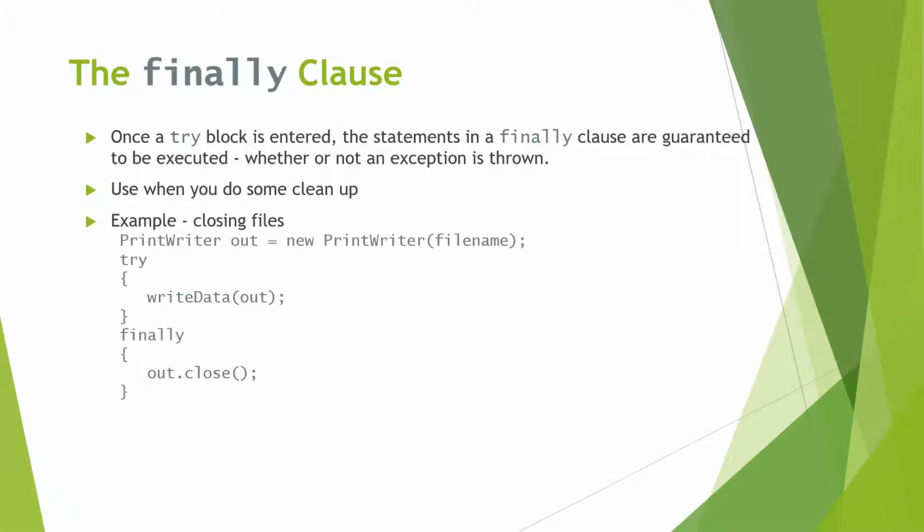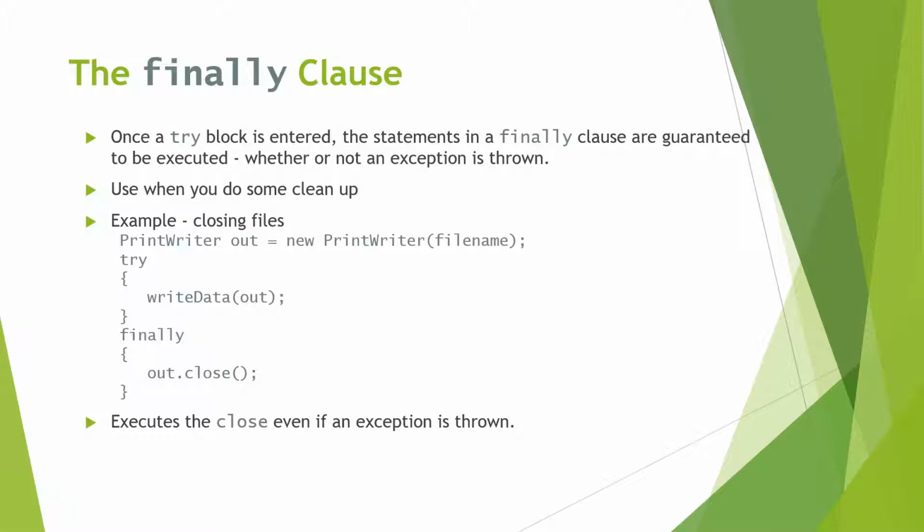For example, consider this piece of code that we created a new print writer for a file, and we start writing data into the file, but maybe for some reason we throw an exception, and we need to close the file before interrupting this writing process to the file.